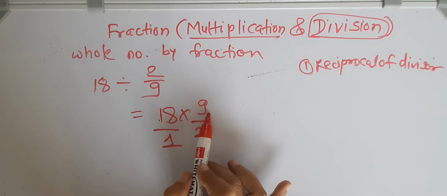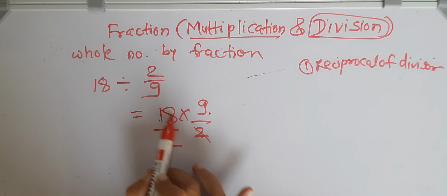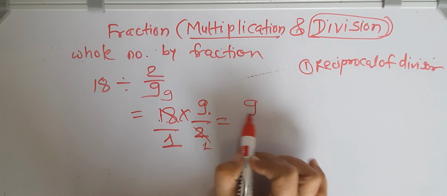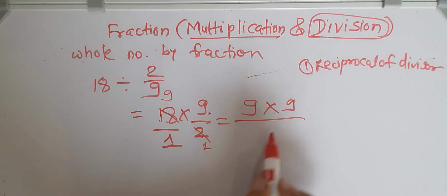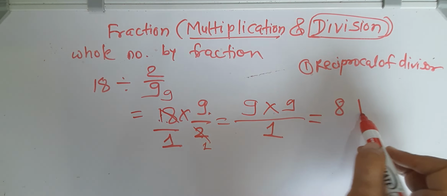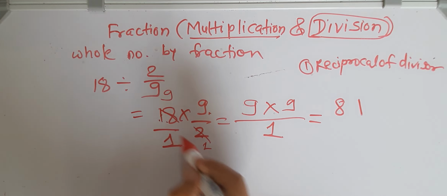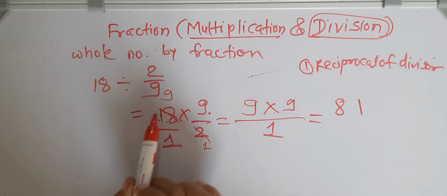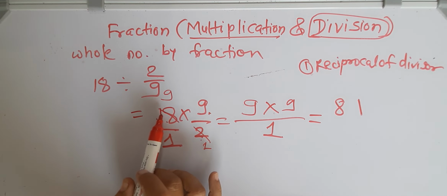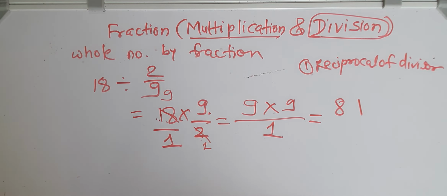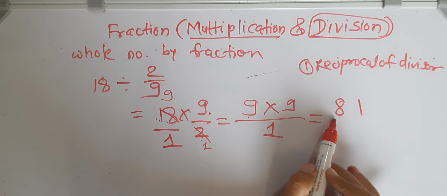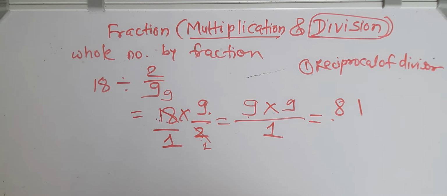Instead of doing 18 into 9, what I can do is write 2 1s are 2, 2 9s are 18, and then it will be 9 into 9 divided by 1 into 1, that is 1, and that will give us the value 81. You can do this anywhere with the numerator. We'll check with a few more examples, but as of now, 2 1s are 2, 2 9s are 18. This is just to simplify our problem and not go into solving big figures. That will give us 9 into 9, and that will give us the value 81. Okay, I hope it's clear.